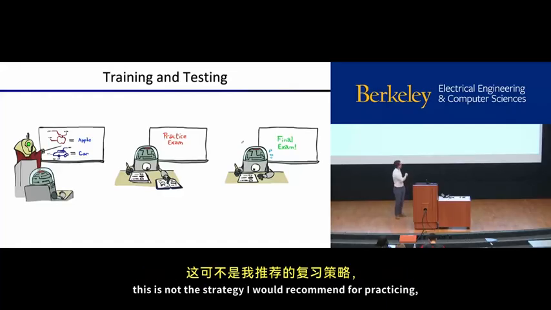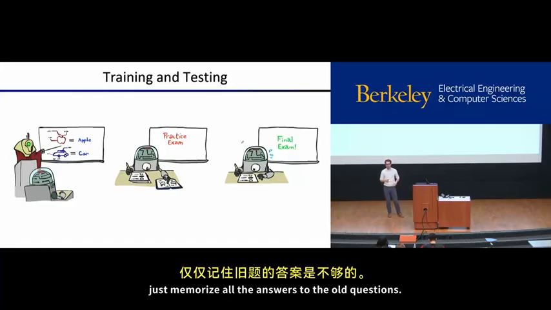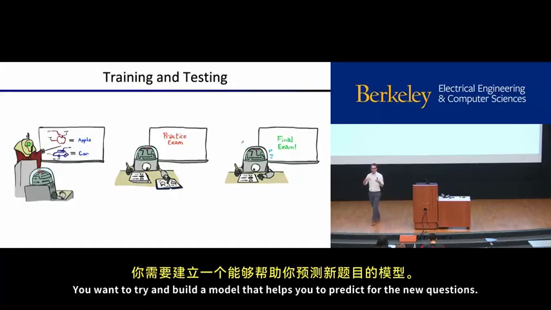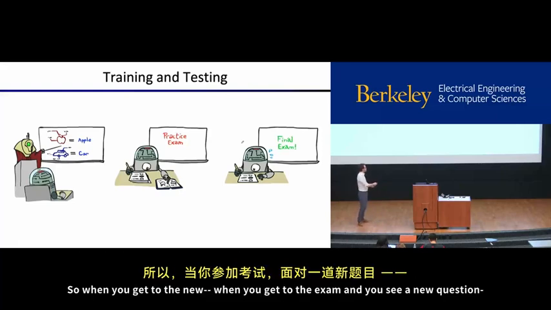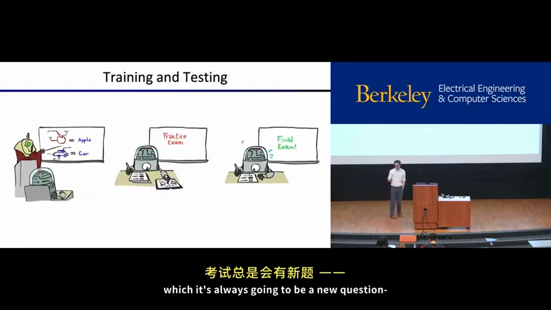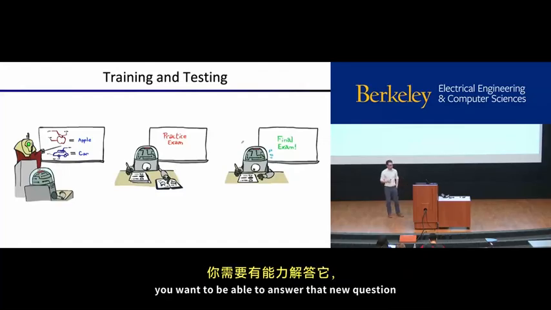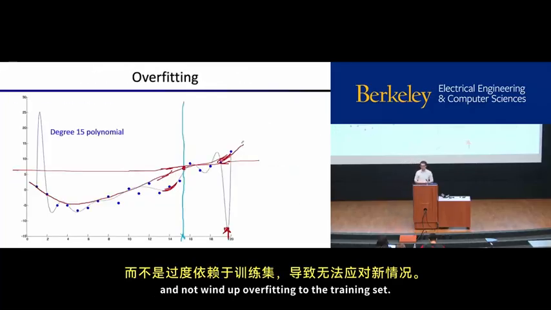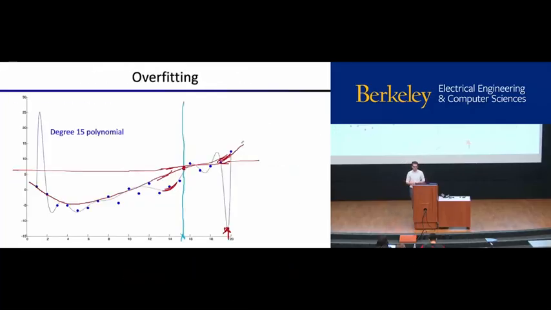This is not the strategy I would recommend for practicing. Just memorize all the answers to the old questions. You want to try and build a model that helps you to predict for the new questions, right? So when you get to the exam, and you see a new question, which it's always going to be a new question, you want to be able to answer that new question and not wind up overfitting to the training set.